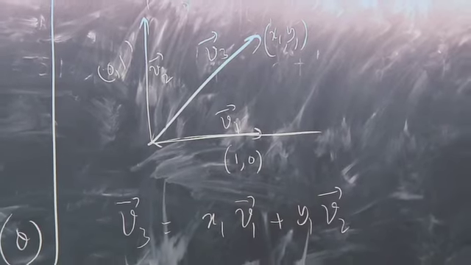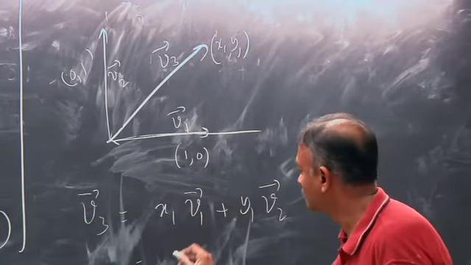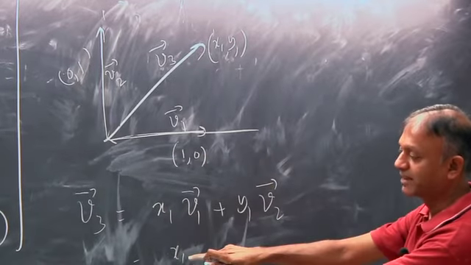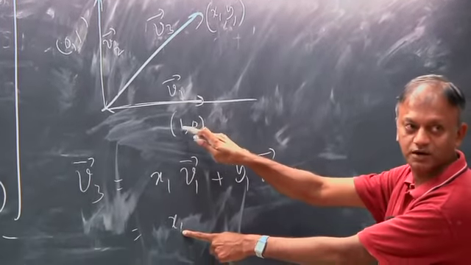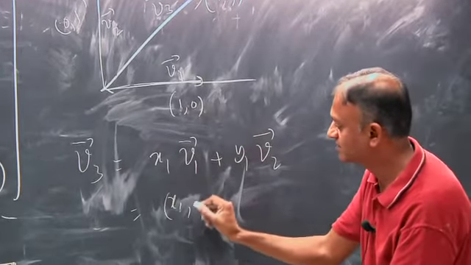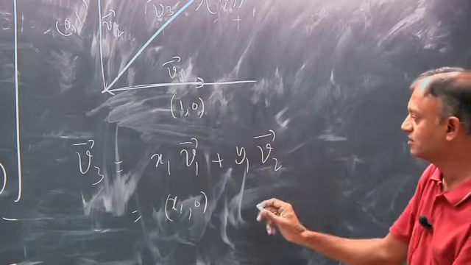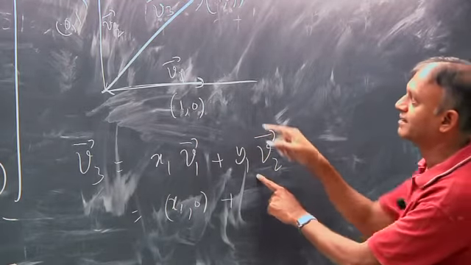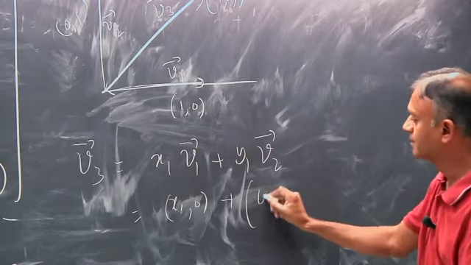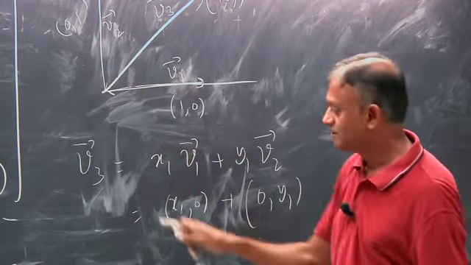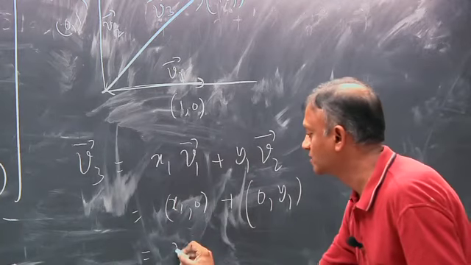Because this is x1 multiplied with 1, 0. You remember the multiplication rule was multiplying by each component. So this is x1, 0. And y1 times 0, 1 simply gives me 0 and y1. You add them up, that is simply x1, y1.